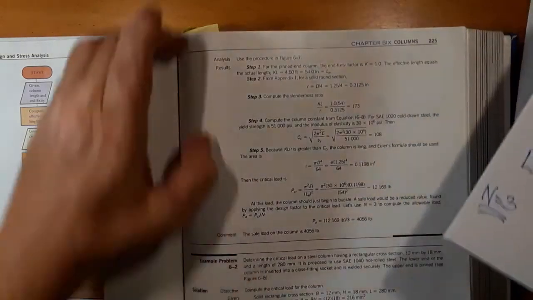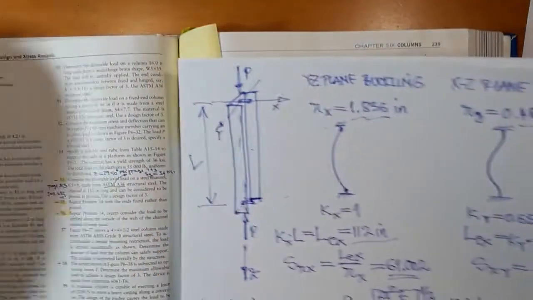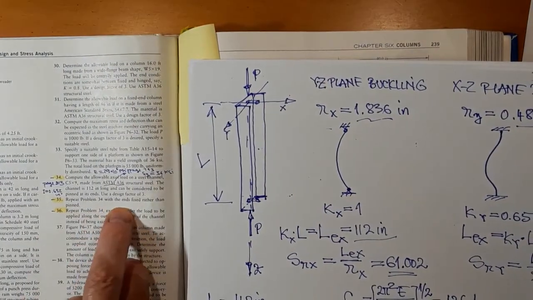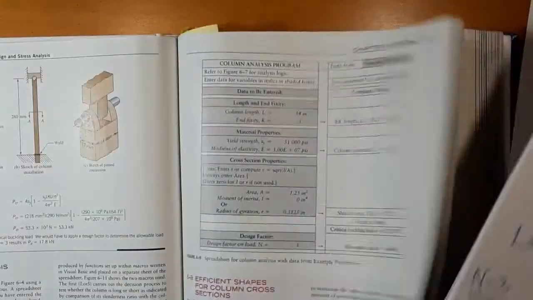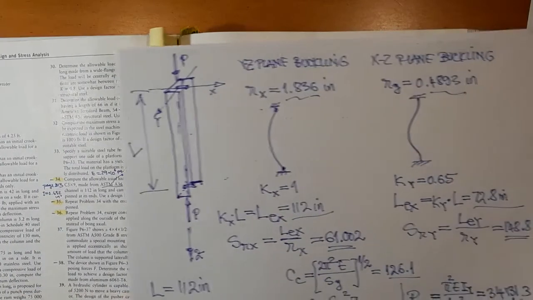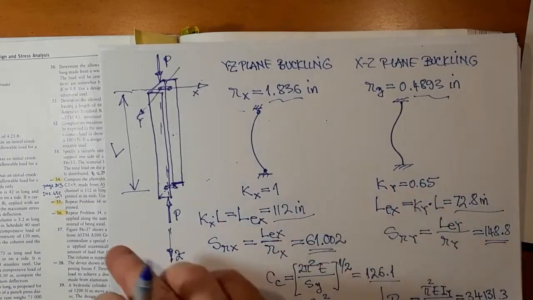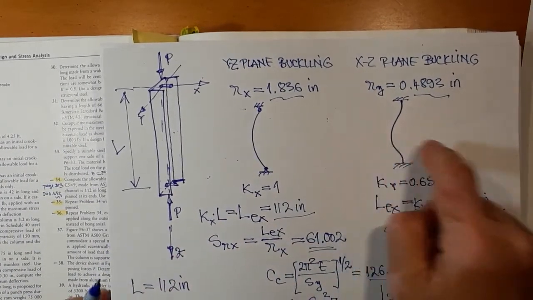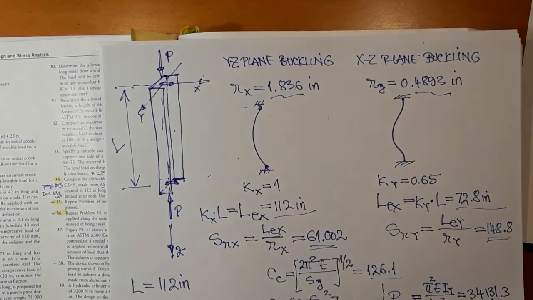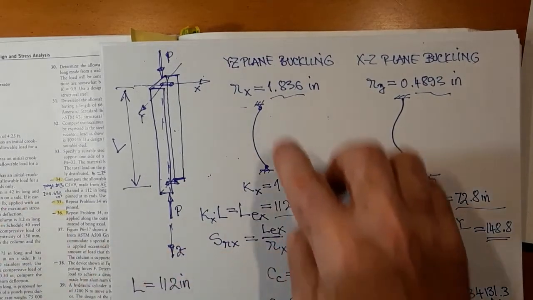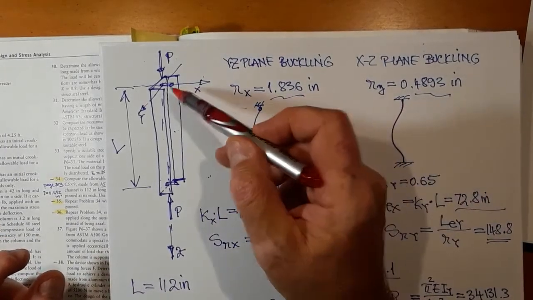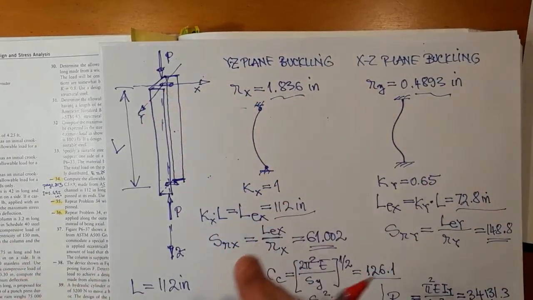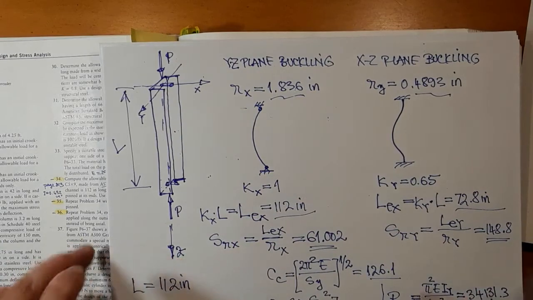Problem 35 now says consider the ends fixed rather than pinned. Well, it means that the same end fixity will happen about the x-axis, or in the yz plane.